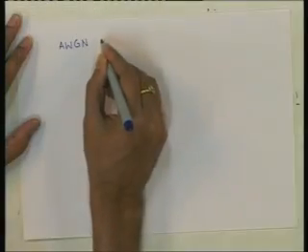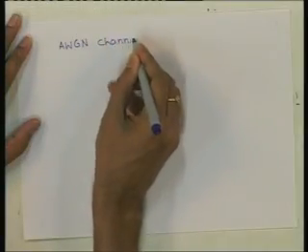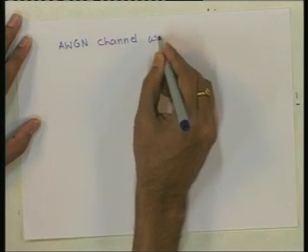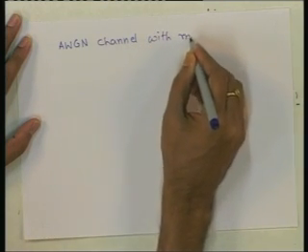Now, the next channel is the obvious generalization of this, that is, AWGN channels with memory.